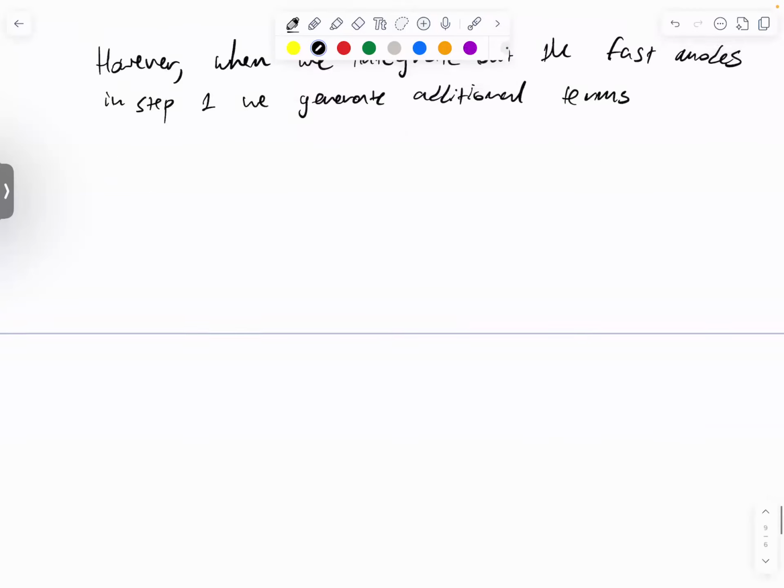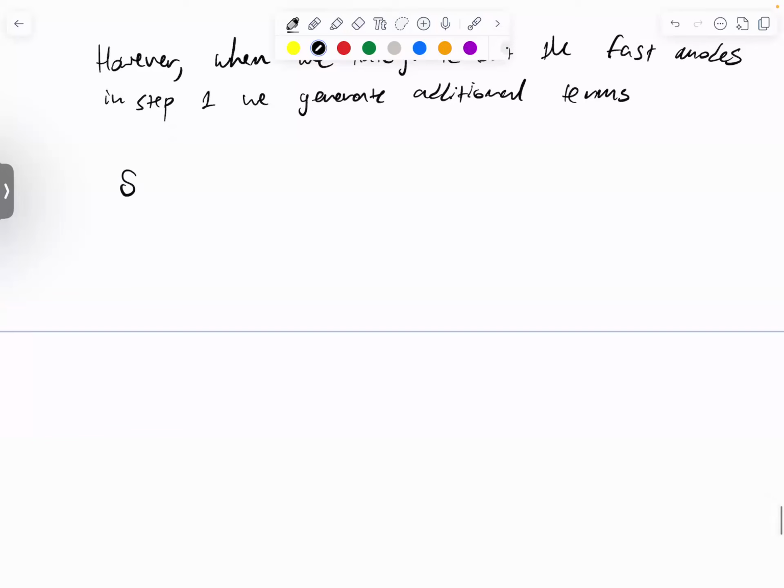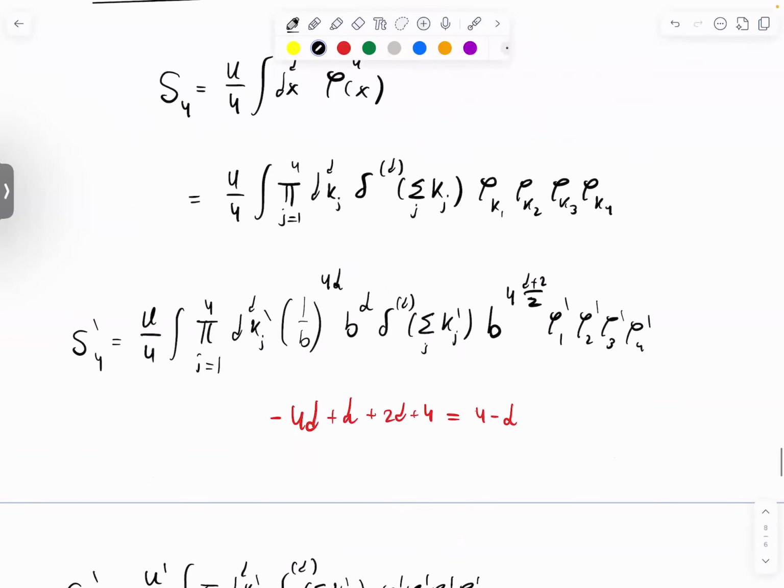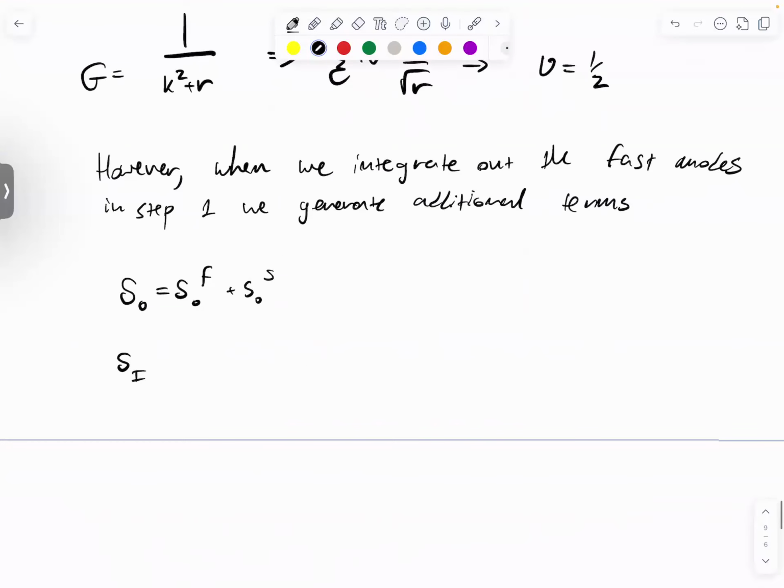So the way to think about it is that if S0 divides into S0 fast and S0 slow, then S interaction, oh, by the way, did I call this S4? Oh, I called it S4. Okay, let's stick to that notation.